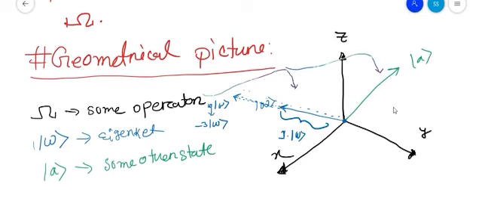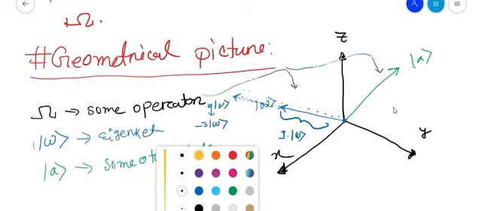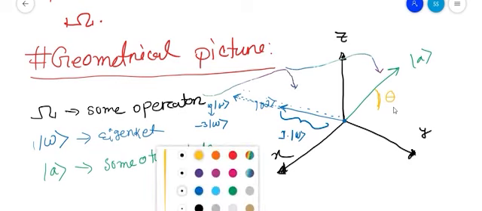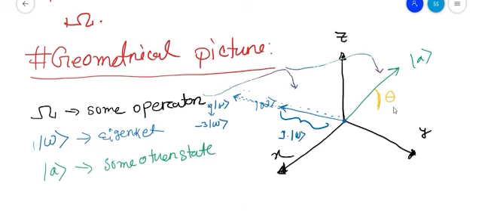But when you apply omega to this a, it might get rotated. So let me use another color. So let's say this is my rotation angle theta, and this is my a prime. So this is the difference between the eigenvectors and the non-eigenvectors for a specific operator.